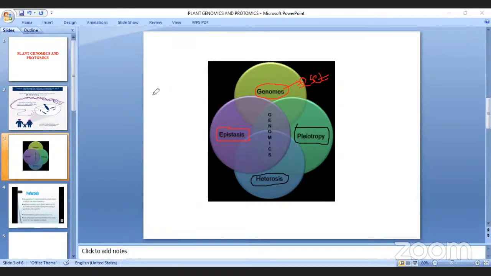Do you know transcription and translation? Protein synthesis has two steps: one is transcription, the other is translation.